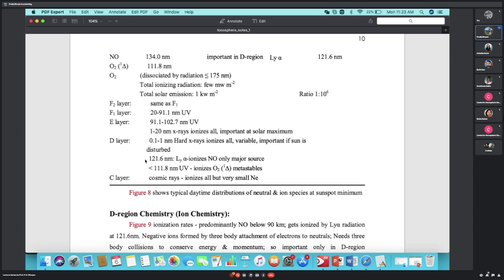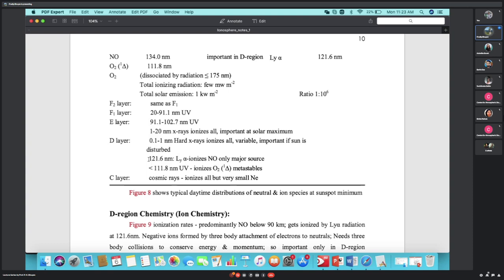Harder, Lyman alpha, 121.6 nanometer. All these radiations are related to some processes. Now here it is Lyman alpha.